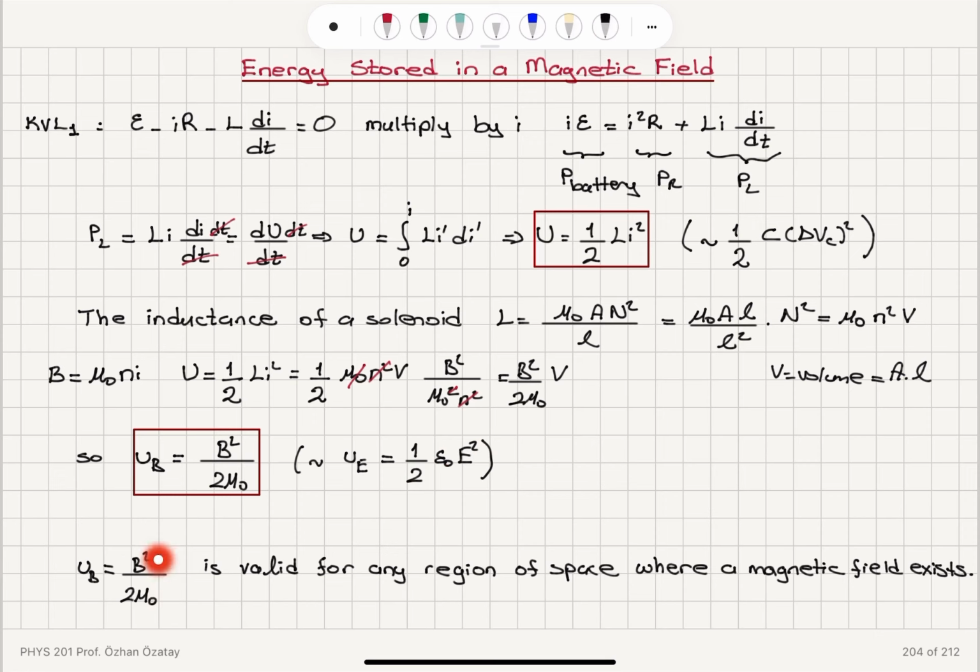So in a magnetic field B, we have energy density B squared over 2 mu0, but in an electric field E, we have energy density 1/2 epsilon 0 E squared.